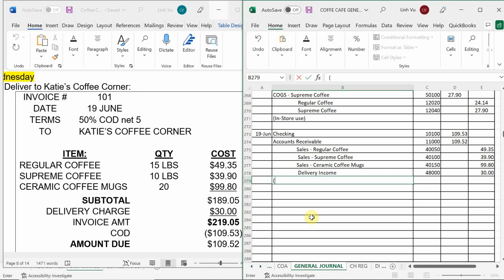So it's invoice number 101 to Katie's Coffee Corner. And then we had a COD payment, check number 412, and then the rest is net 5.